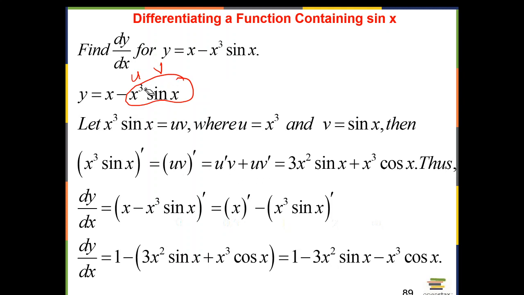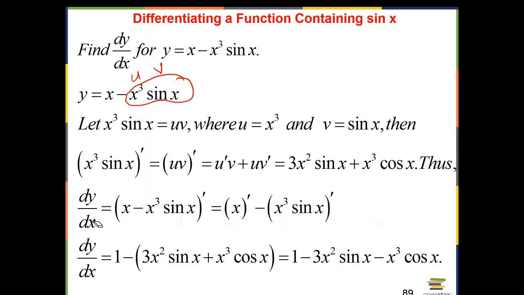So let's do this part separately. That's just 1 minus whatever we get here. Well, u prime is 3x squared times v, which is sine x, plus u times the derivative of v. The derivative of sine is cosine. And with that, we are done with this part.